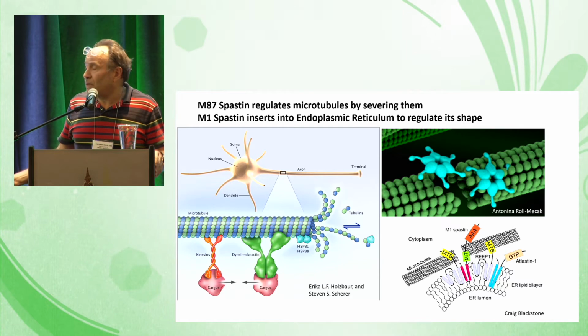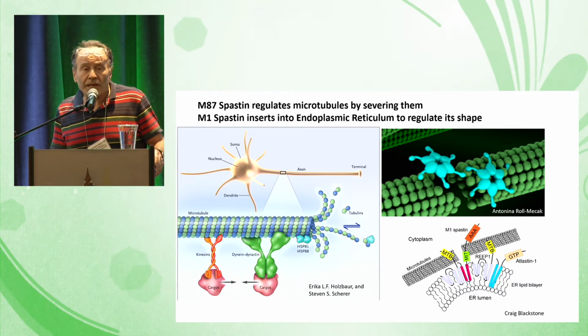The endoplasmic reticulum, as Dr. Blackstone has pointed out, is really important for M1. M1 inserts into the ER, and if Dr. Blackstone specifically gets rid of M1, he sees some major changes in endoplasmic reticulum.